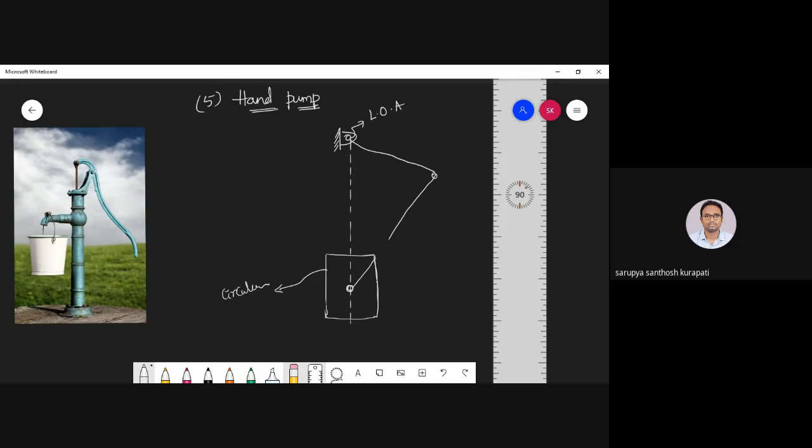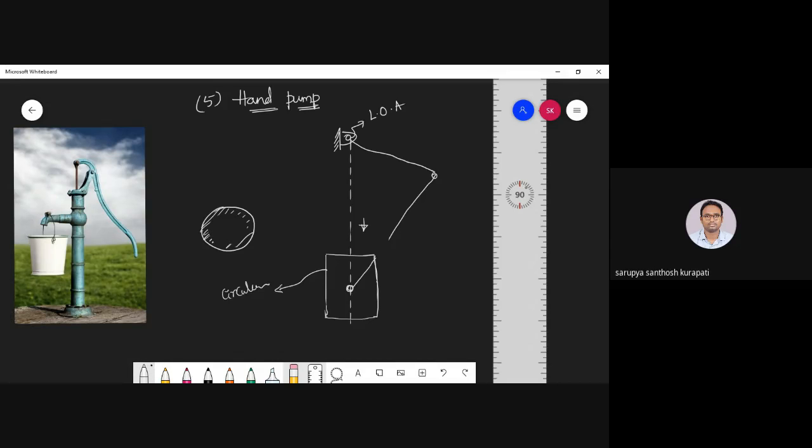If I'm looking from the top, the cross section is like this. Because it is a piston, it is solid. So what I'm going to do is drill it, just like this, making it hollow.